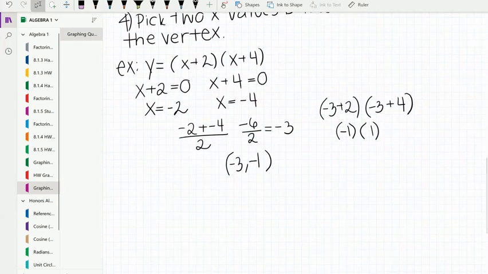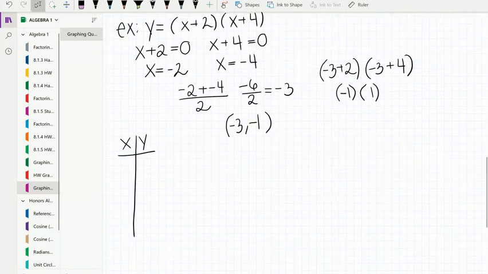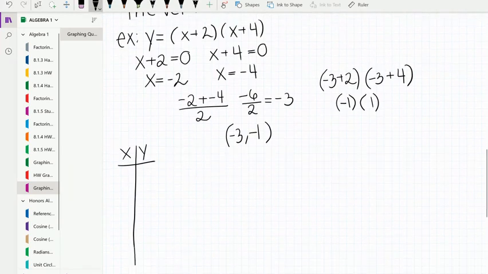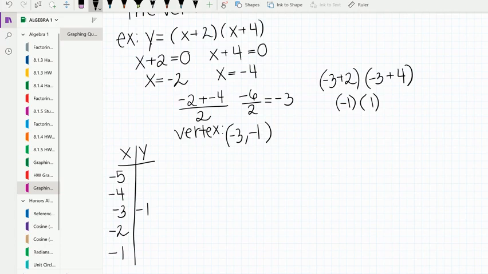From there, we are going to make a table. I'm going to put the vertex in the middle of the table. So I know the vertex is -3, -1. And then I'm going to pick 2 points above and below. So below would be -4 and -5. Above would be -2 and -1.